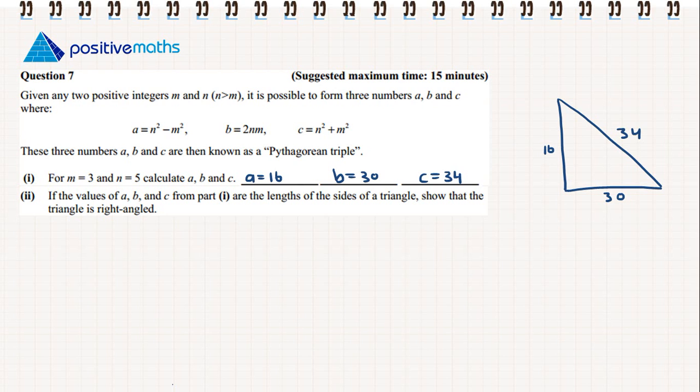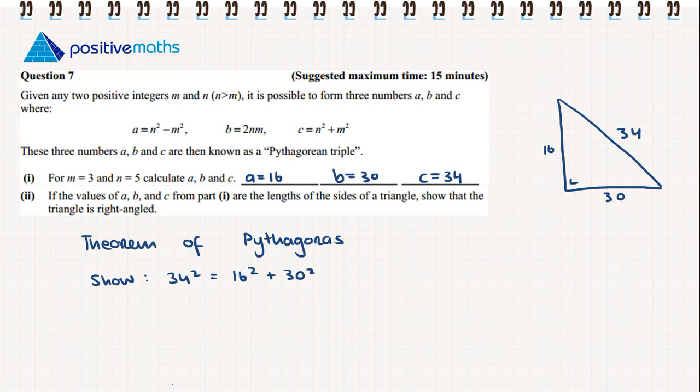In order to show that it's a right angle, what we want to do is use the theorem of Pythagoras. We want to show that 34 squared is equal to 16 squared plus 30 squared.